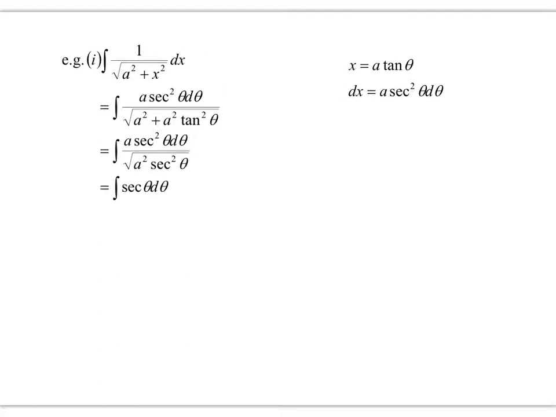So your denominator is a squared brackets sec squared, and your denominator is now the square root of a squared sec squared theta, which is just a sec theta. And what we'll notice is the a on the top and the a on the bottom cancel, and the sec theta on the bottom cancels with one of the sec thetas on your numerator.